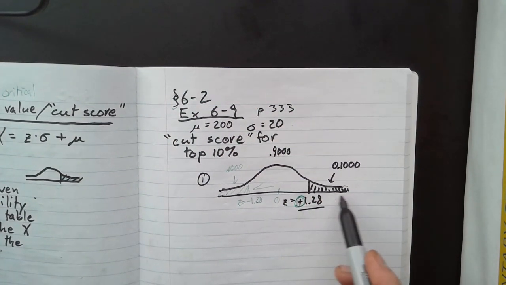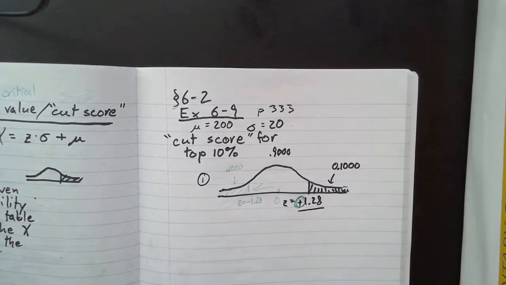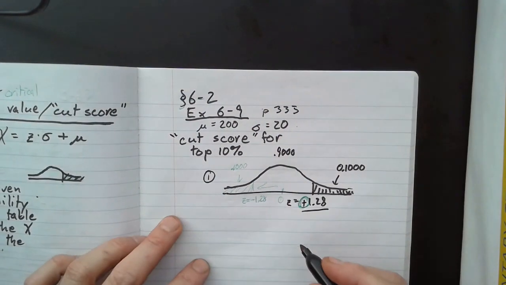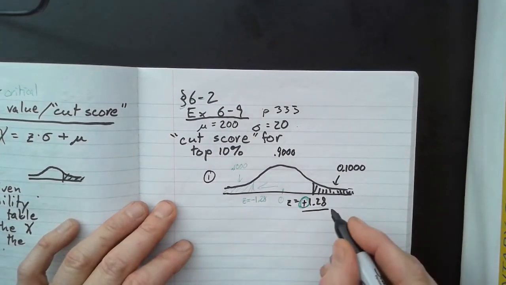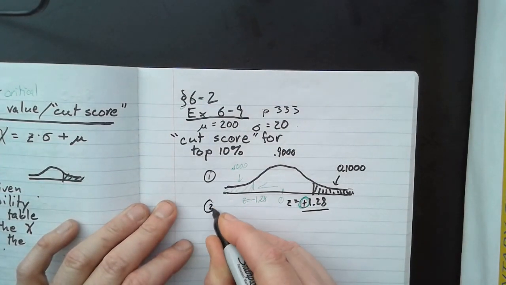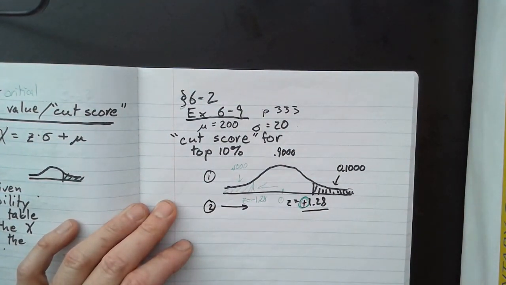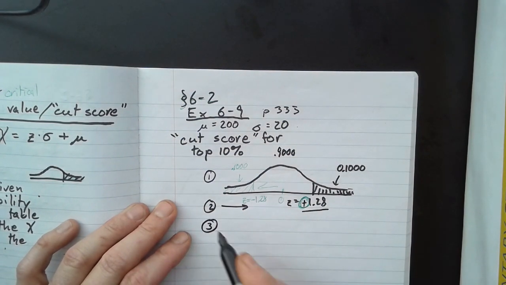That would put us anywhere over here, and that's in the top 10%. Okay, but the question now is, after we found the z value, so that was step 2 here. It took me 2 videos to get to step 2. Then step 3 is what?